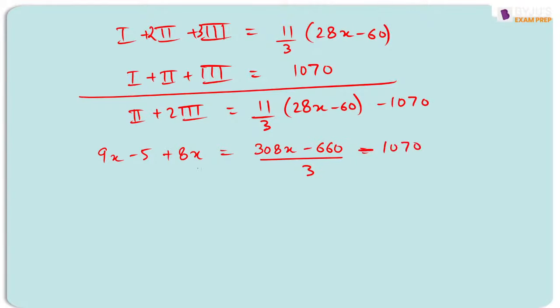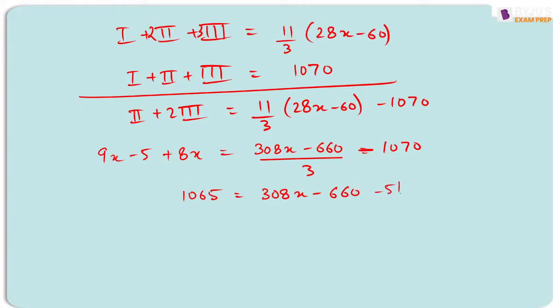Okay, so इसको थोड़ा सा इक्वेशन सॉल्व कर लेते हैं. So if you bring this side, it will become 1065 and 308x minus 660. ये हो जाएगा 17x further, right?